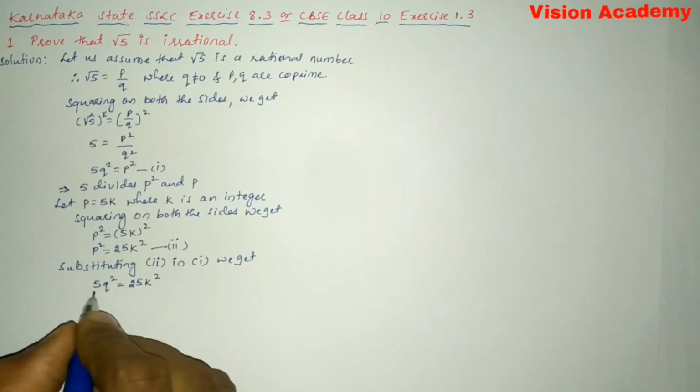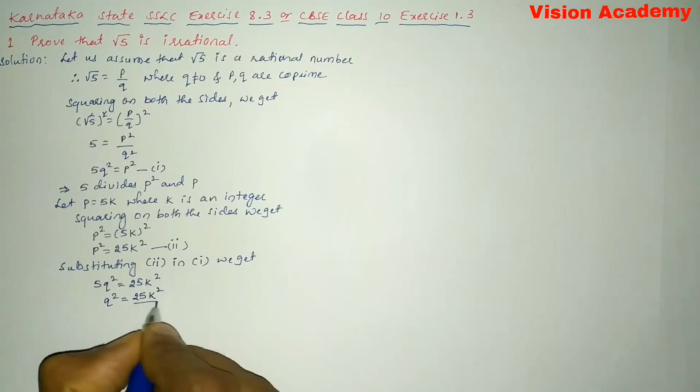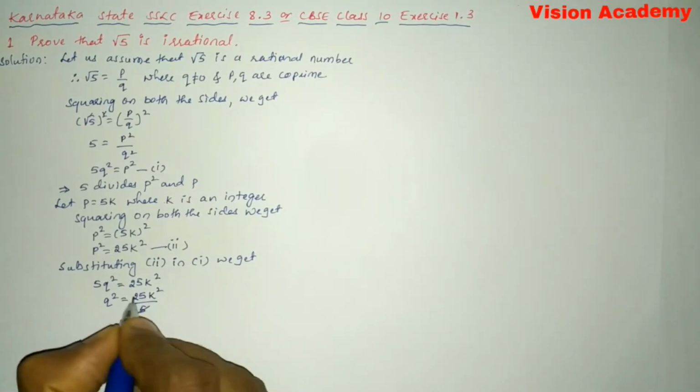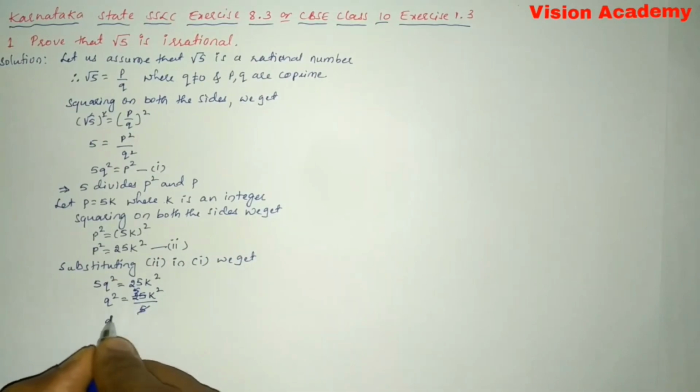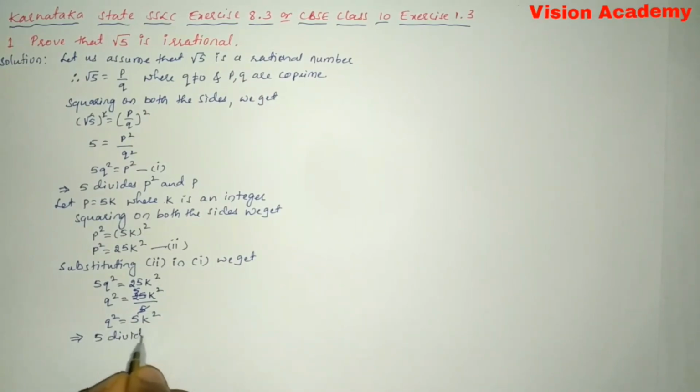Now let us transfer this 5 from LHS to RHS. Here we can write q square is equal to 25 k square by 5. Here 5 ones are 5, 5 5s are 25. So we get q square is equal to 5 k square. Now we can write this implies 5 divides q square and q.